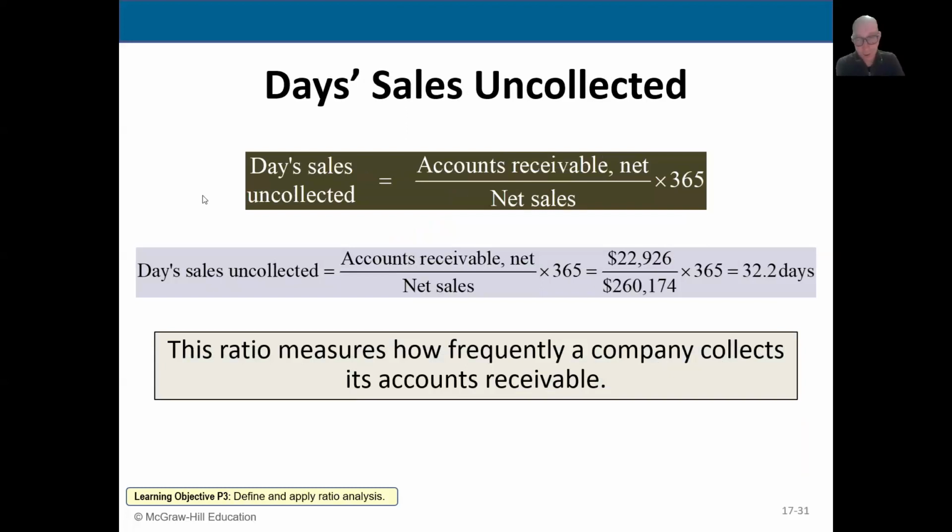Days sales uncollected. How many days it takes me to receive cash from my customers on their accounts receivable. We take total accounts receivable divided by net sales times 365 days.